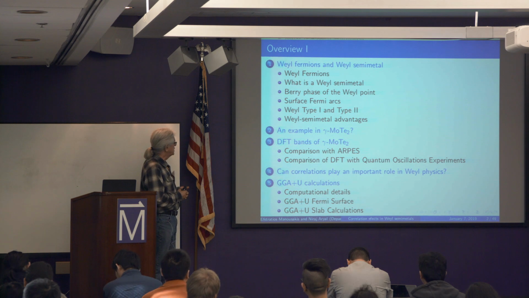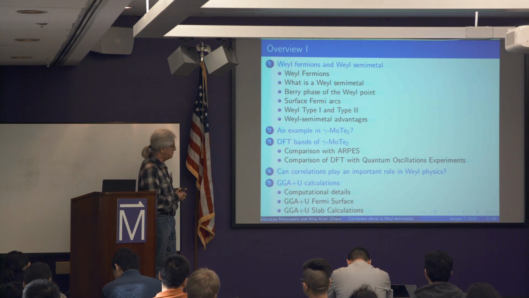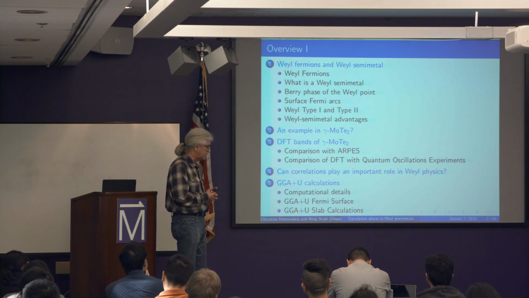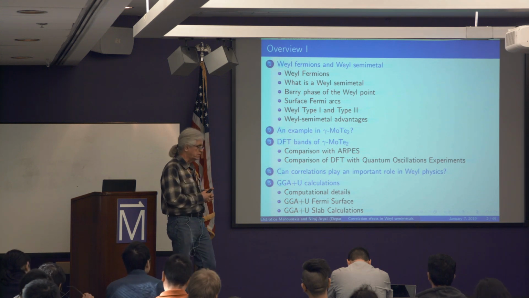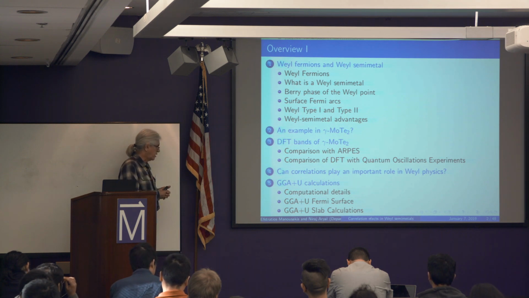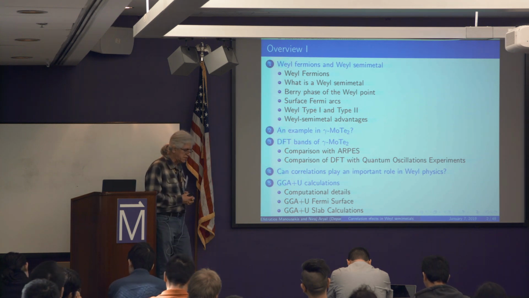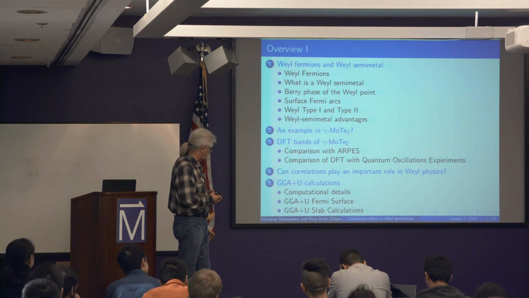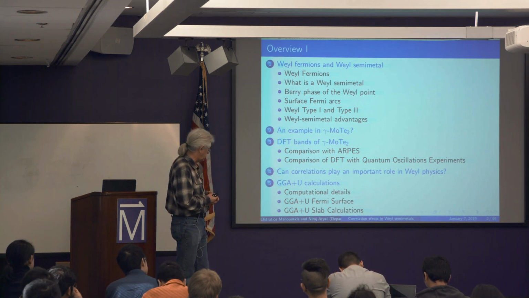And then I'll introduce the most basic approach to capture some correlations, which is to add the Hubbard U on GGA, the generalized gradient approximation, or any other DFT scheme, to see what the role of these correlations will be in a basic way.